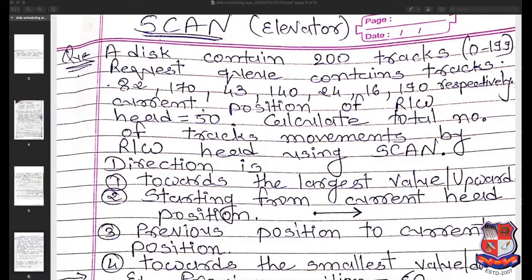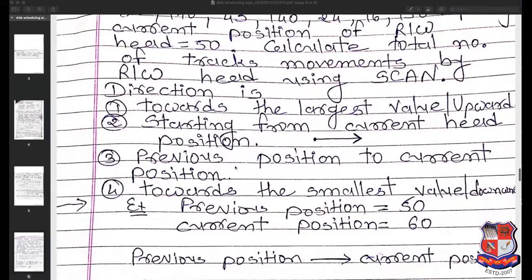We require one extra value for SCAN, C-SCAN, LOOK and C-LOOK. These algorithms require one value, and that value is the direction. There are different criteria for the direction.